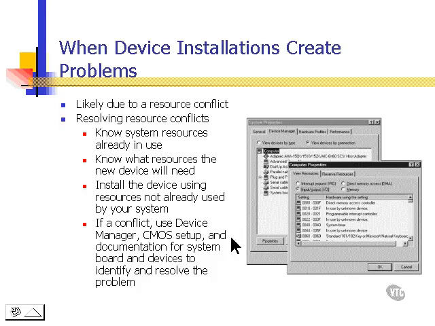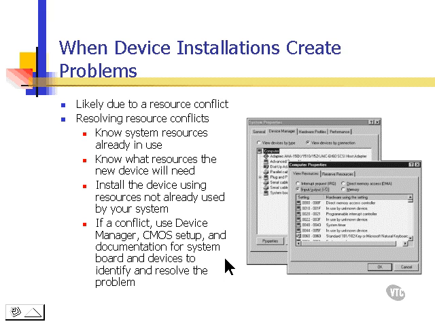And then if we still have a conflict, we gather all the information from Device Manager, from CMOS, and from the documentation of the system board and the devices to see if we can resolve the problem.